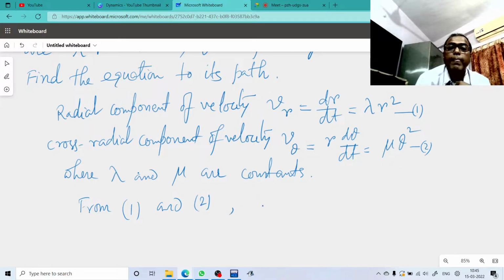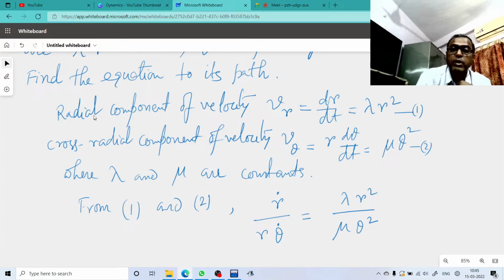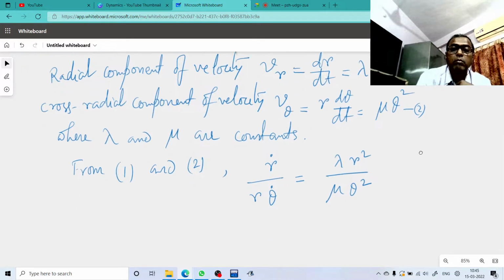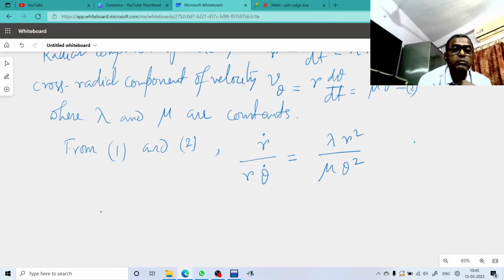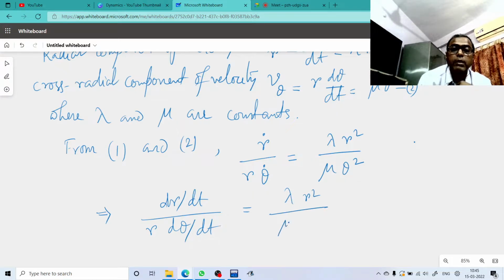we get, dividing 1 by 2, r dot by r theta dot is equal to lambda r square by mu theta square. This implies dr/dt by r d theta/dt equals lambda r square by mu theta square.